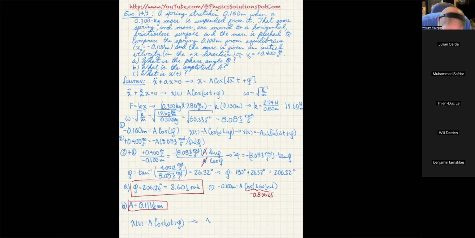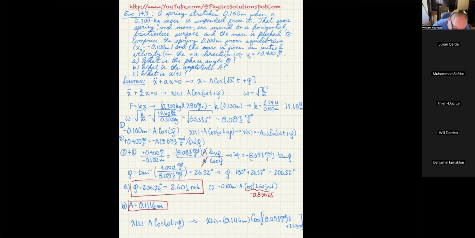So we'll say x of t is equal to 0.1116 meters times cosine of 8.083 radians per second times t plus 3.601 radians.